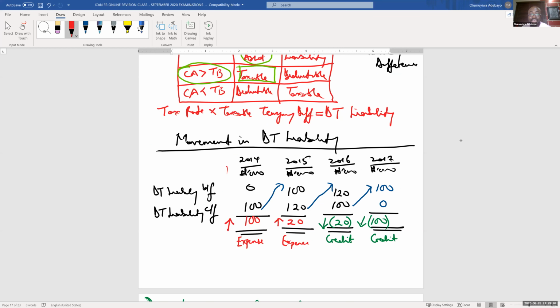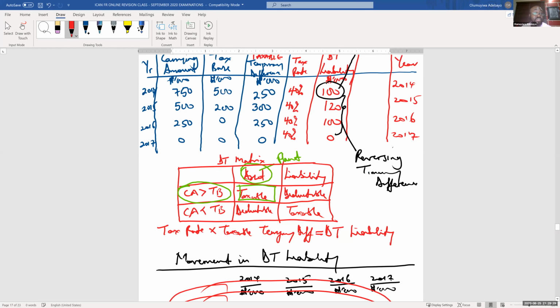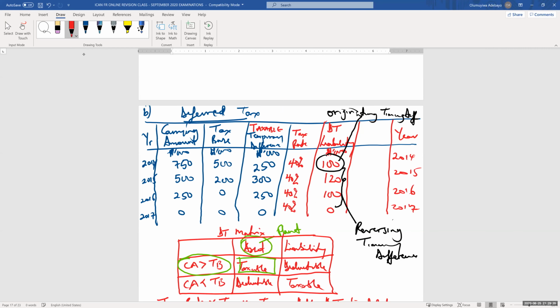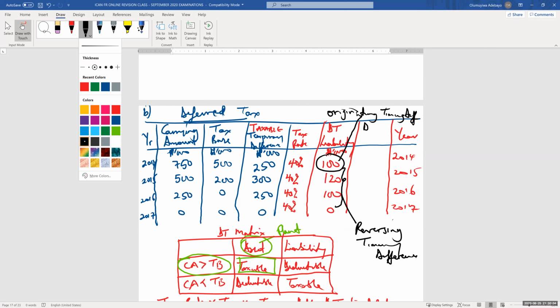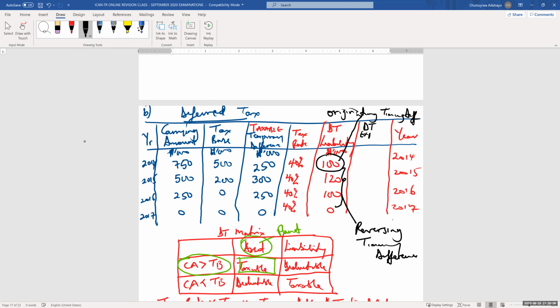Which means this line I created here, I can easily adopt it, and say, I want to determine my deferred tax expense or credit.